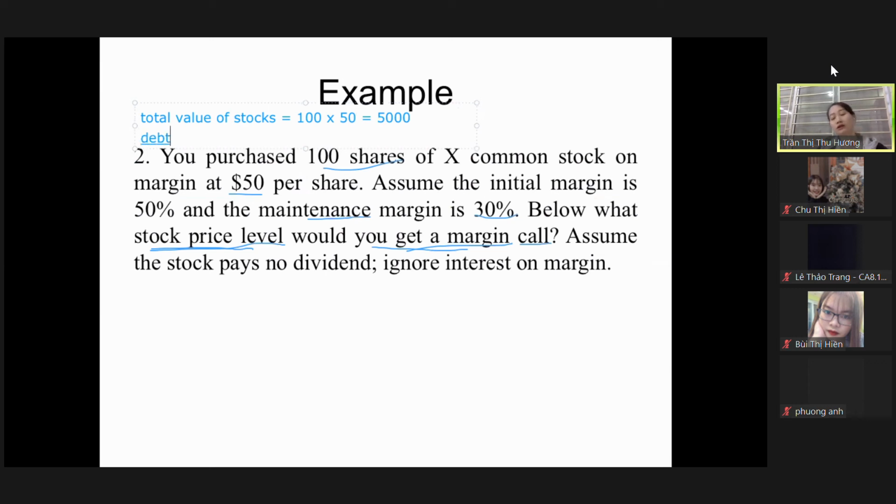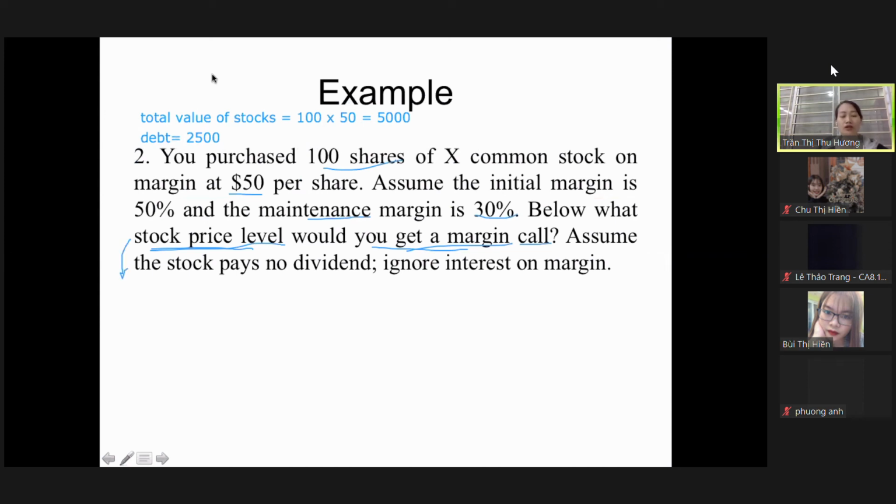Now the maintenance margin is 30%, and you are required to determine the price at which you get a margin call. So we call this price B. Okay, now you will write down the formula.